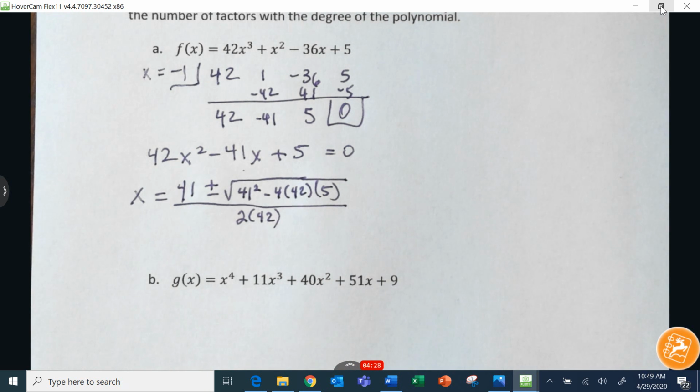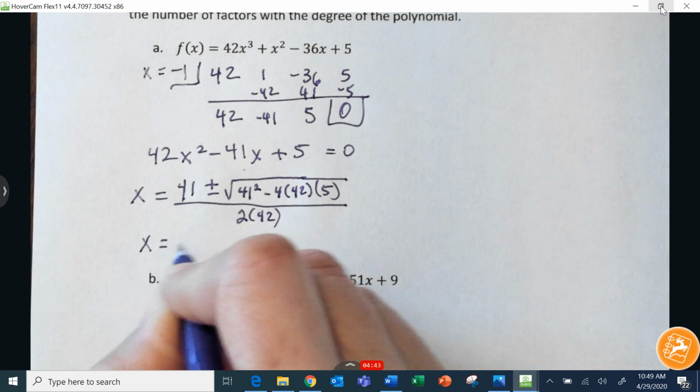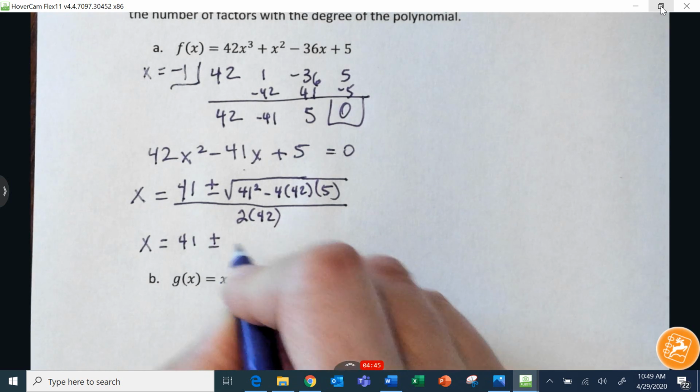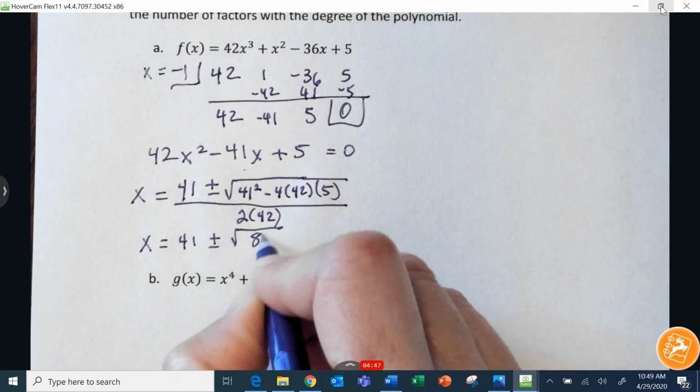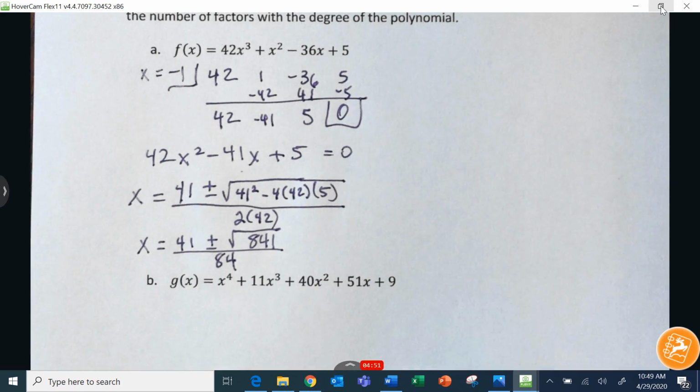I'm going to use my calculator to assist me simplifying this a little bit quicker. So I have x equals 41 plus or minus square root of 841 all over 84.